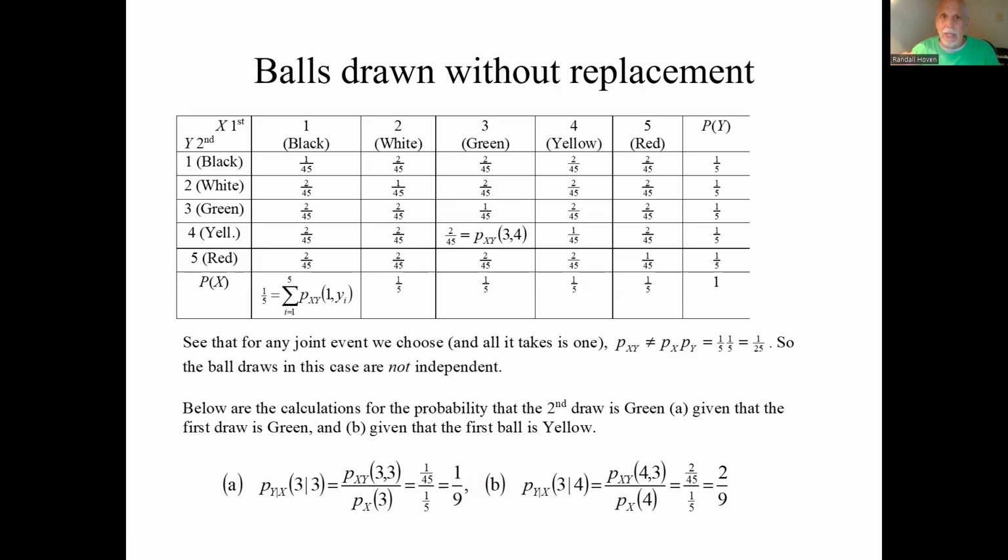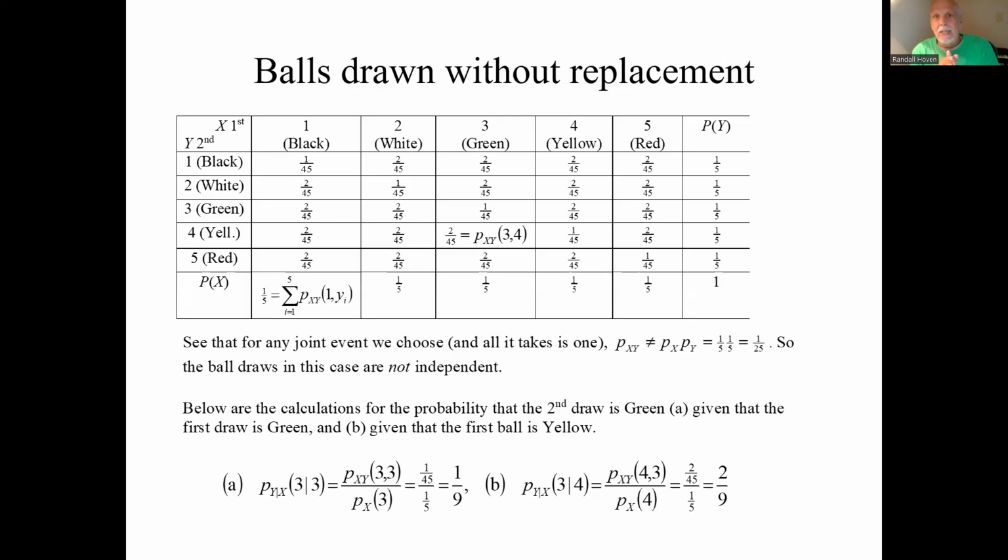So we could calculate a lot of stuff from the joint distribution. Similar calculation if the second ball is a 3, Y is a 3, meaning the second ball is green, X is 4, meaning the first ball is yellow. Calculated it, and we get 2/9. That kind of makes sense. The probability of getting two of the same color wouldn't be as good as getting different colors because you took one out after the first draw.